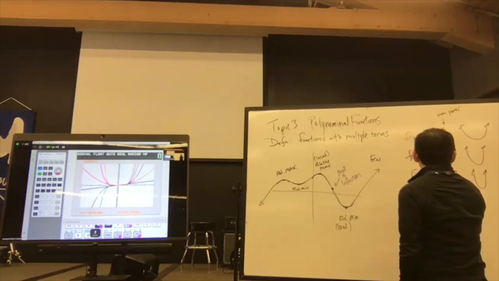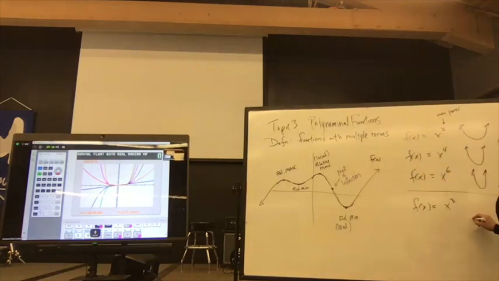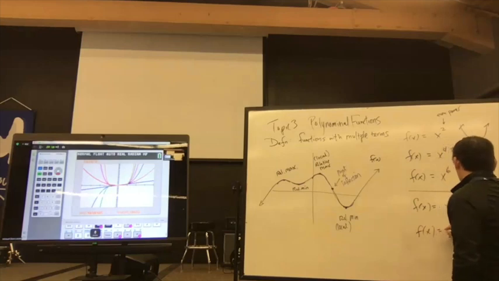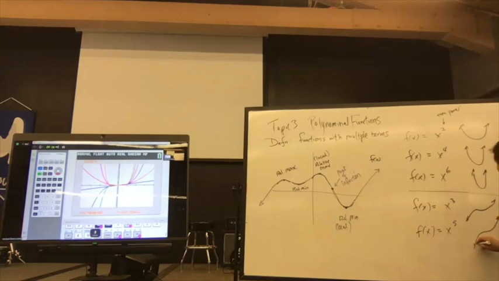When you have f of x equal to x cubed, you got something like this. F of x, x to the 5th power, you got something like this. Did we do more? We didn't do more, did we?